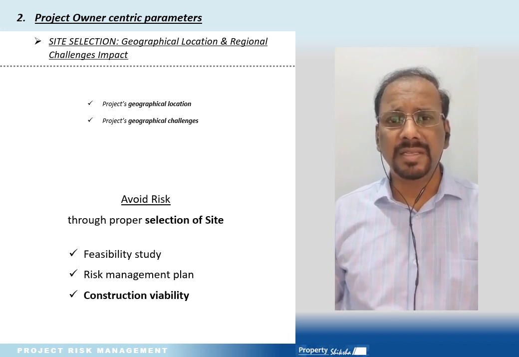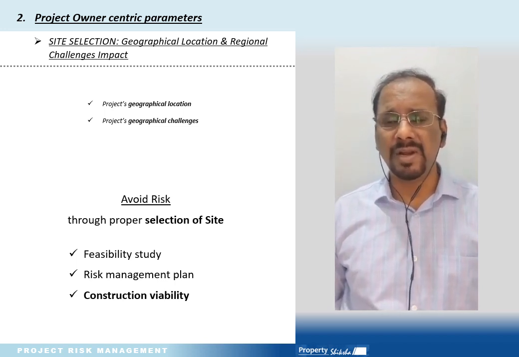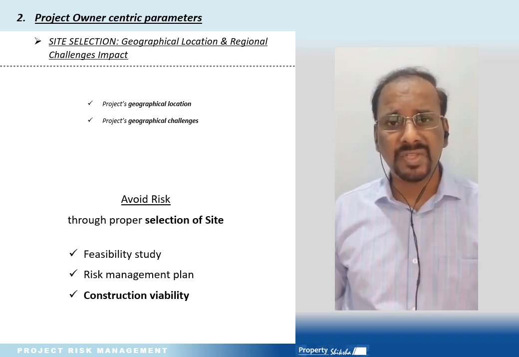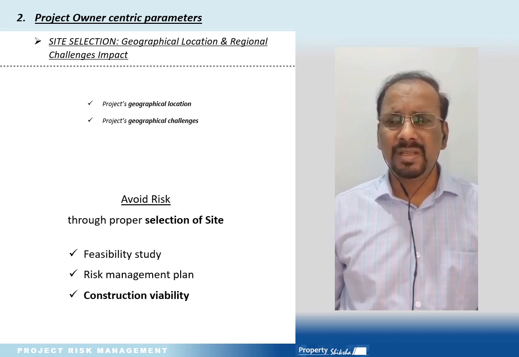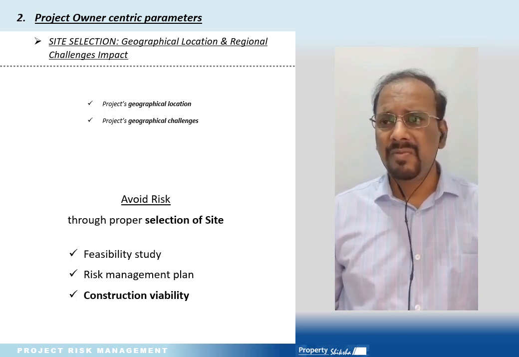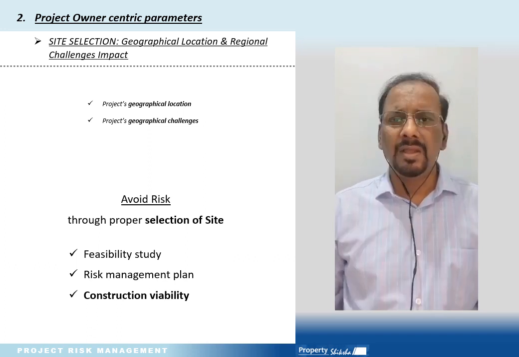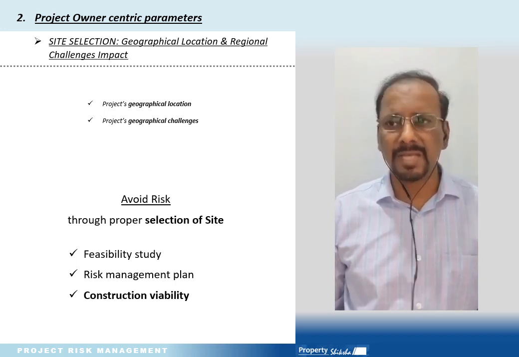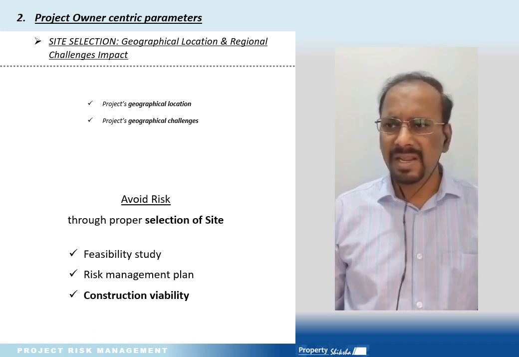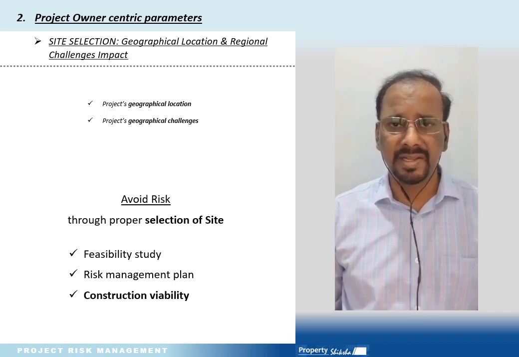So how to tackle this? The plausible risk strategy can be to avoid risk through proper selection of site. Site selection in any construction project is one of the most important criteria for a project to be successful and get completed within given budgetary provisions. Though a feasibility study gives lots of insights about the end product and its business case, along with the associated risk management plan, practical implementation needs to be studied for any project to avoid such criticality.